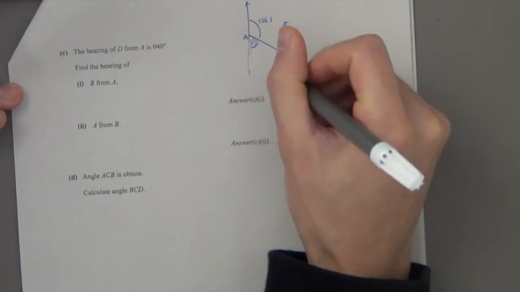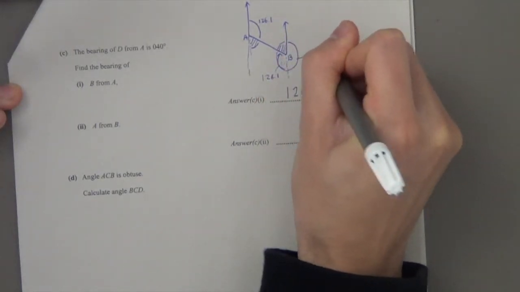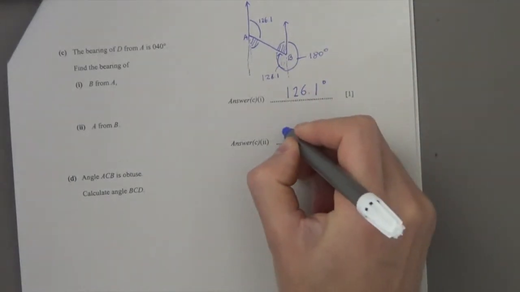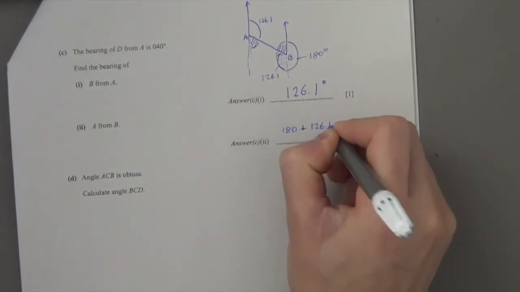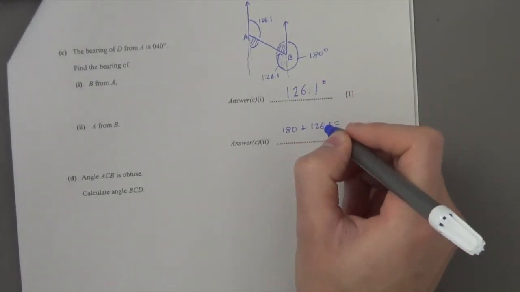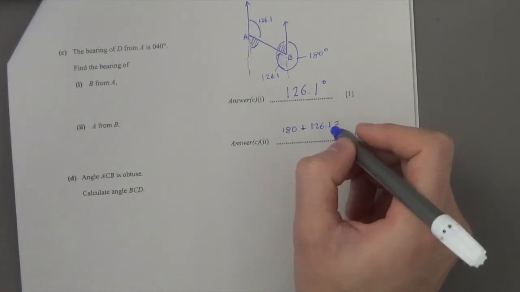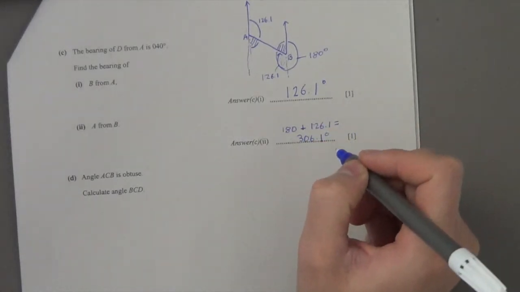So this angle is going to be 126.1, and this is going to be 180. So the answer here is 180 plus 126.1, which is 306.1 degrees.